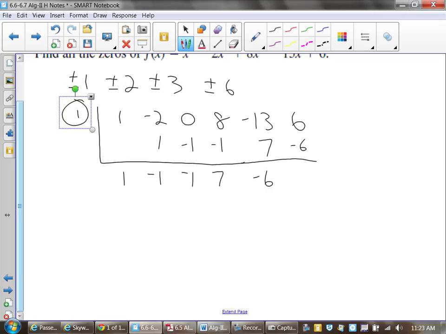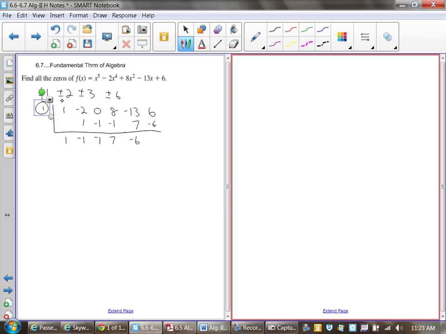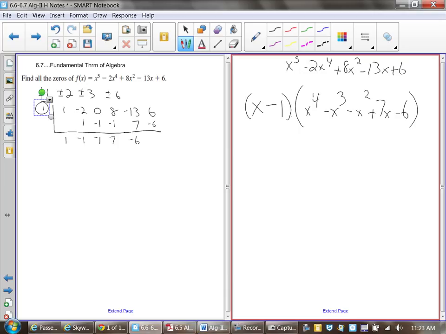Now, what this is telling me right now is that I have x minus 1 times the quantity x to the 4th minus x cubed minus x squared plus 7x minus 6. I have that right now as the factored form of x to the 5th minus 2x to the 4th plus 8x squared minus 13x plus 6. I have basically factored out an x minus 1 by using synthetic division.